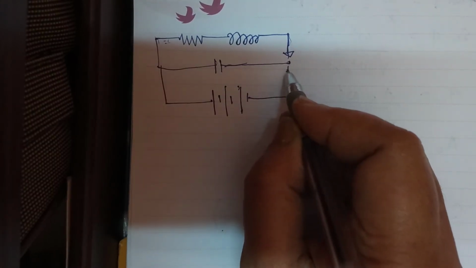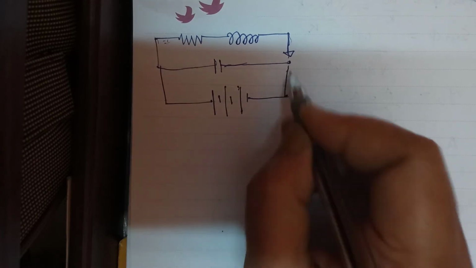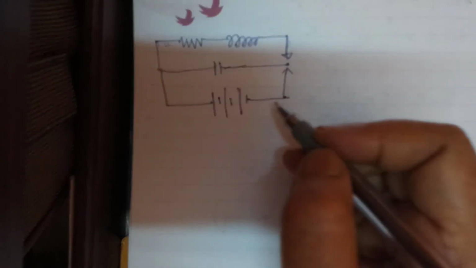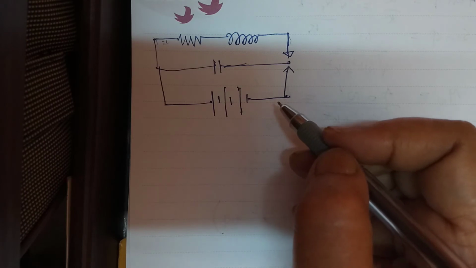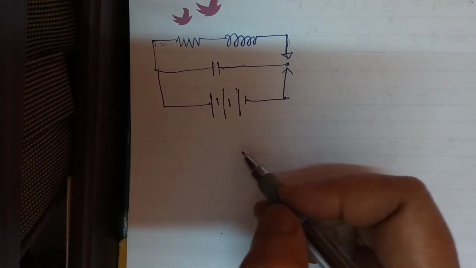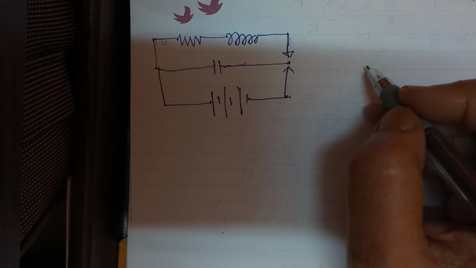So how do you generate the equation over here? What is the mode of generating the equation for damped oscillation?